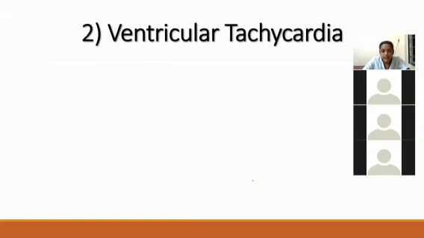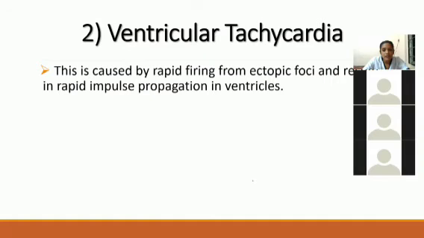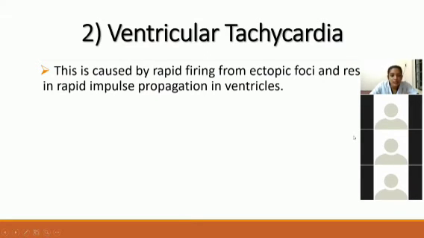Then ventricular tachycardia is the second one. This is caused by rapid firing from ectopic foci and results in rapid impulse propagation in the ventricles. Ectopic foci means, you know that the conduction system consists of the normal parts like the SA node, AV node, bundle of His and Purkinje fibers.